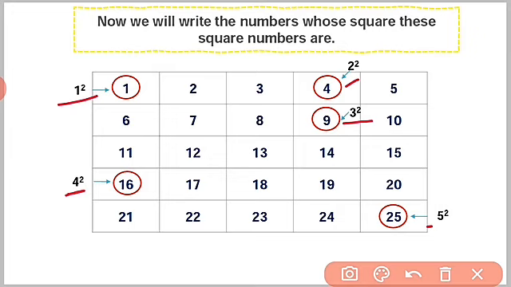So if I ask you, how many natural numbers are there between 1 and 4? 1 and 4 are two square numbers. And how many non-square numbers or natural numbers are there between the two square numbers 1 and 4?